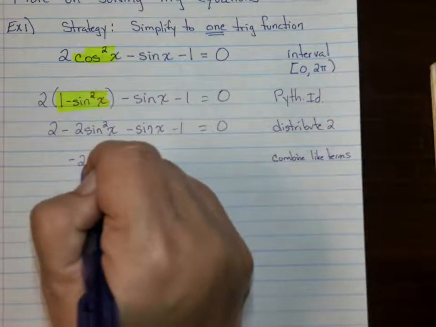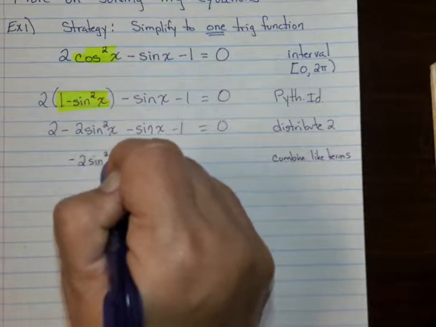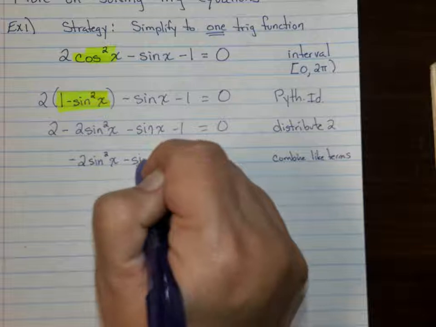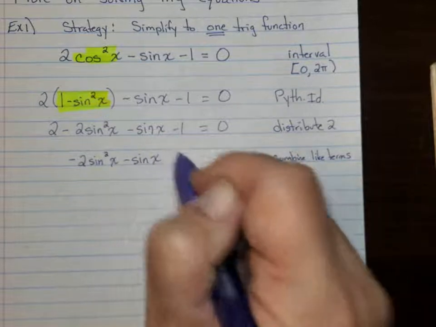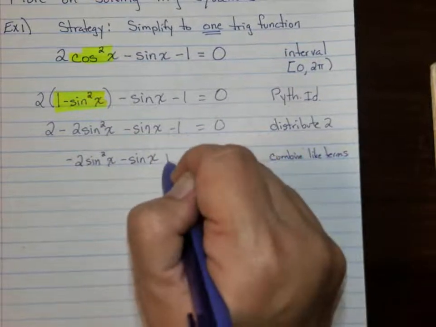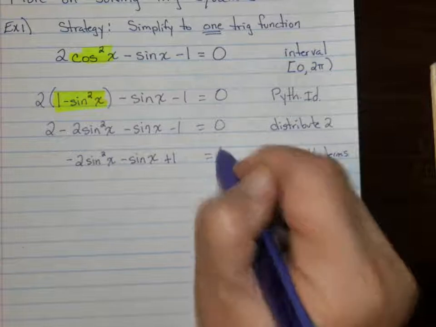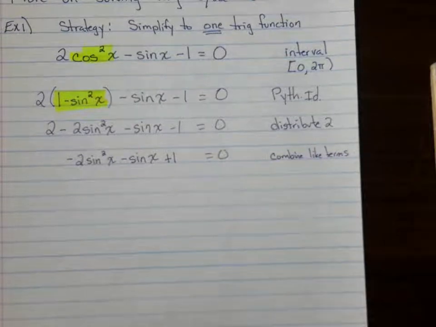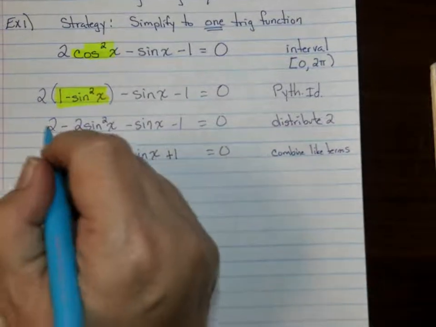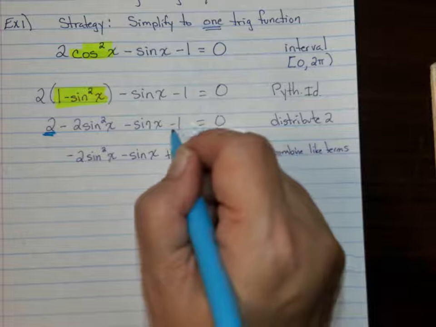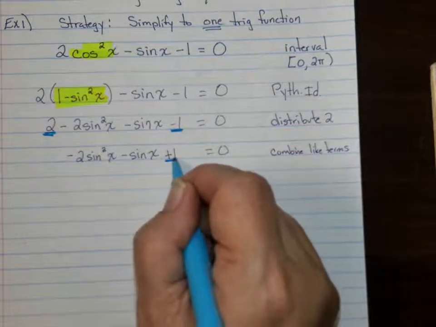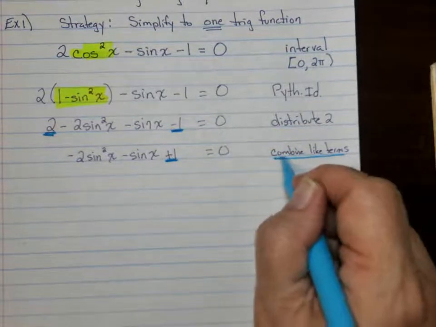So we're just going to combine those down at the end of this expression and have plus 1. So I combine my 2 and my minus 1 to give me a plus 1, combining like terms.